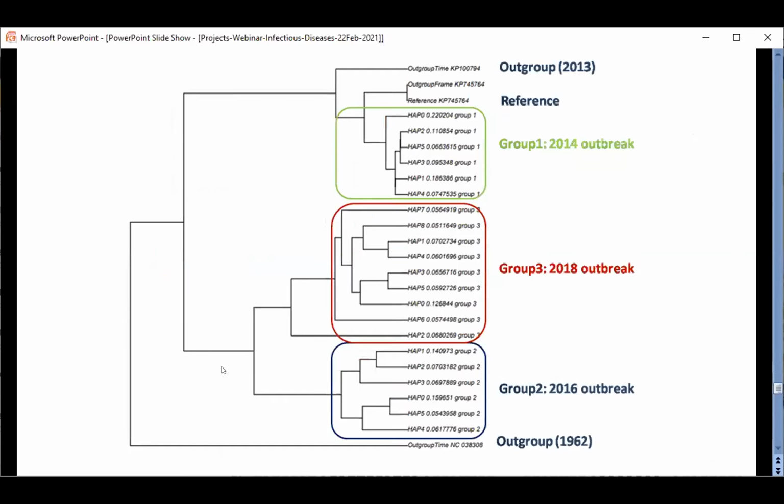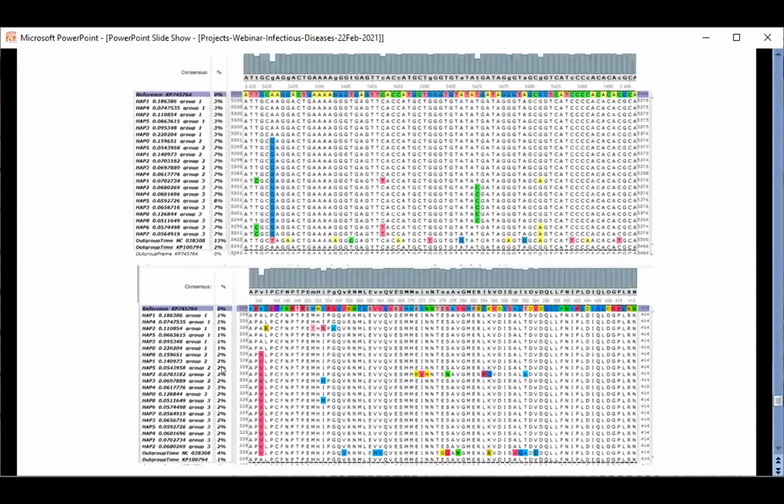And further, we have identified how they are different based on the phylogenetic analysis. The multiple sequence alignments indicate there are a number of variations occurring in these strains, but not all the mutations transferred at the amino acid level. Still, there are like 2 to 3% of the variations taking place.